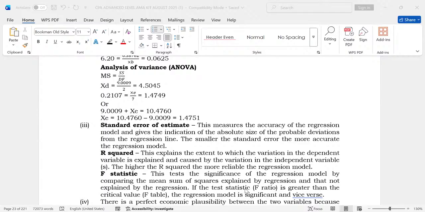If the test statistic (F ratio) is greater than the critical value (F table), the regression model is significant, and vice versa, full stop.